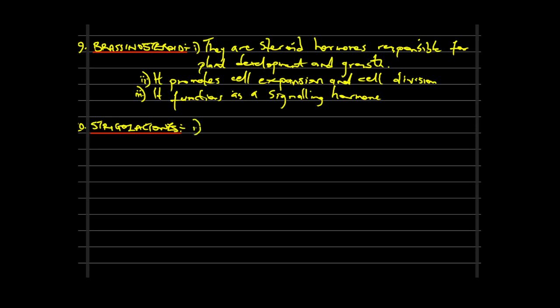One, we have it regulating processes that adapt plants to nutrient availability. It helps the plant to regulate processes that adapt it to nutrient availability.